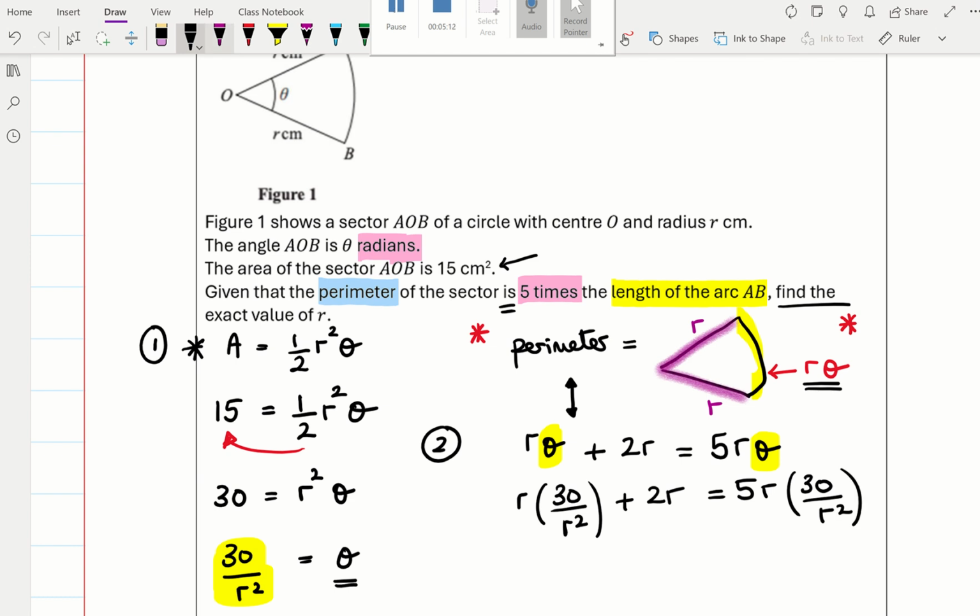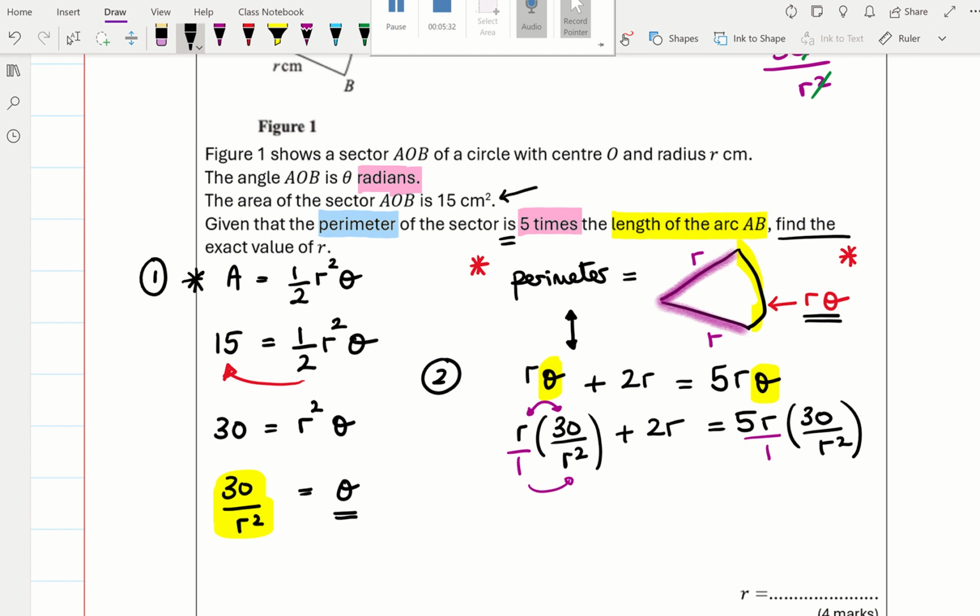Now, when you're multiplying, this is r over 1, 5r over 1, and you would multiply the top together and bottom together, and then you'd get something like 30r over r squared, but one of the r's would cancel, and you'll end up with simply 30 over r.